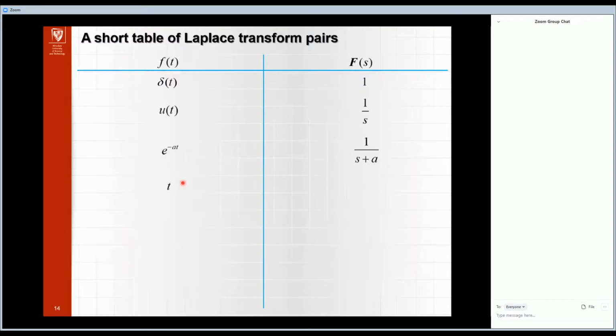Okay, t we calculated, so it is 1 by s squared, and t to the n by n factorial is equal to 1 by s to the n plus 1.